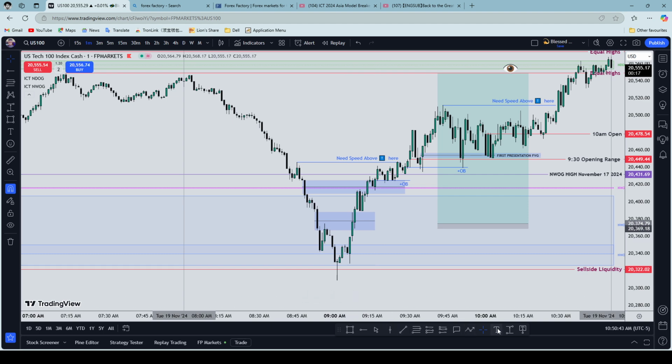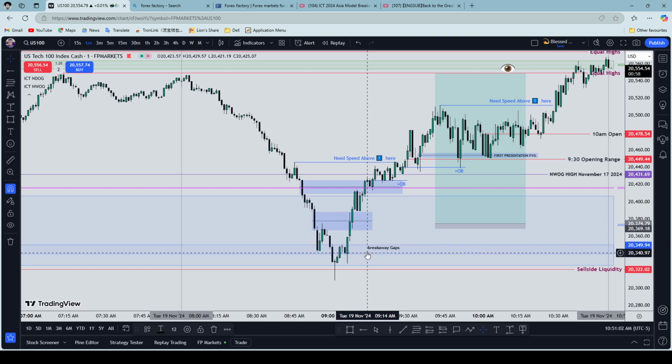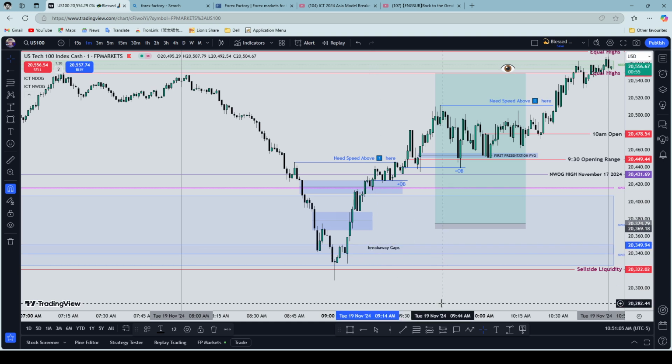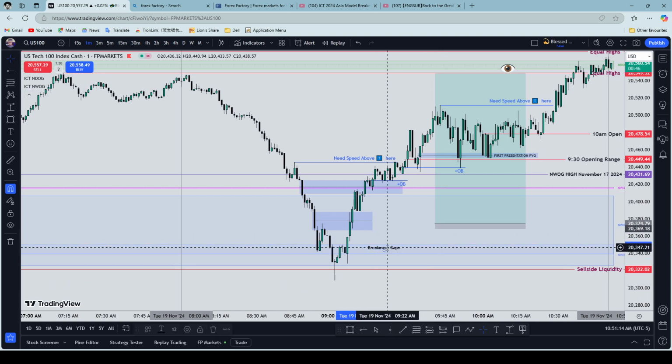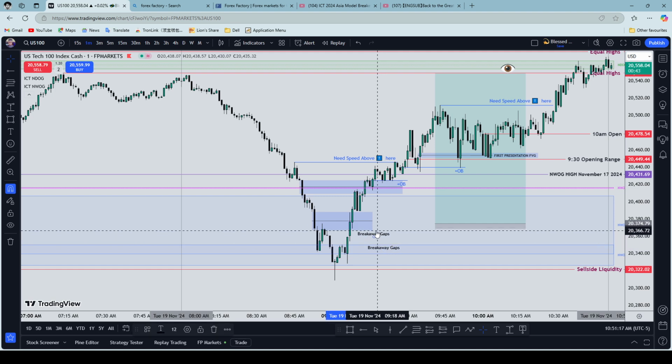What do we like to see when price is actually bullish? We like to see what? Breakaway gaps. So we like to see breakaway gaps right there.